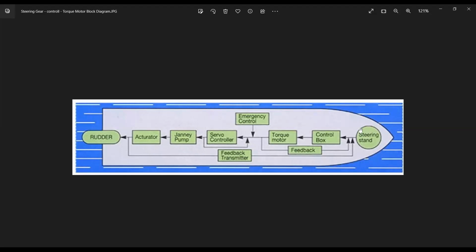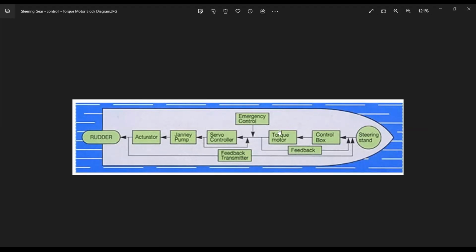Here is a steering stand on the bridge, and here is a control box, and the control box gives the output to the torque motor. Now, the torque motor is a component inside the steering compartment itself, mounted onto the hydraulic reservoir. As the torque motor operates, it gives feedback back to the bridge.